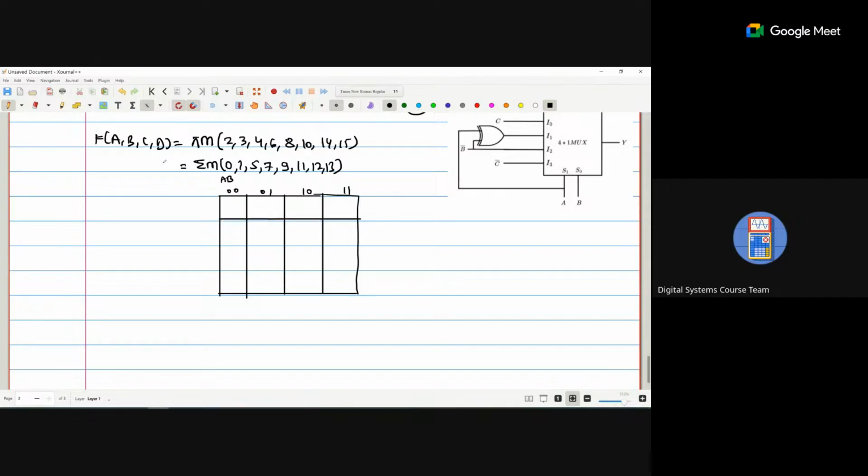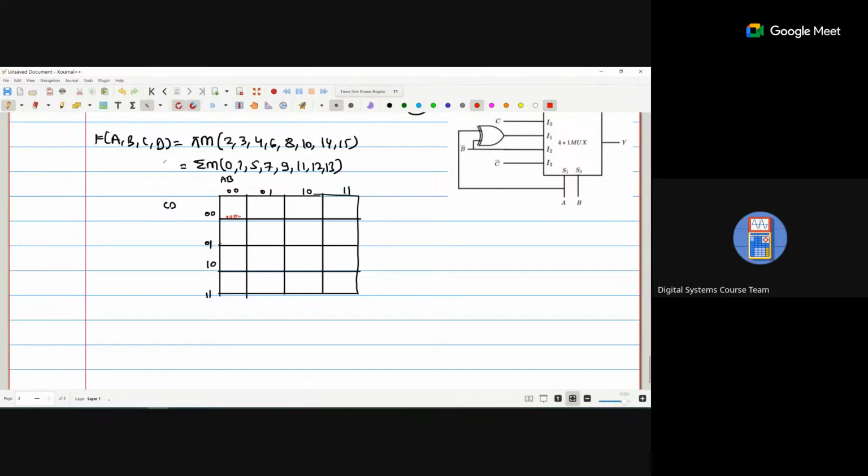And CD as the input lines, so I'm taking CD here: 00, 01, 10, and 11. Remember that we can't write Gray code here because this is not a K-map.